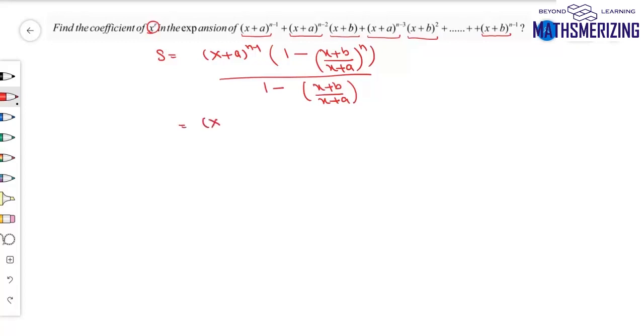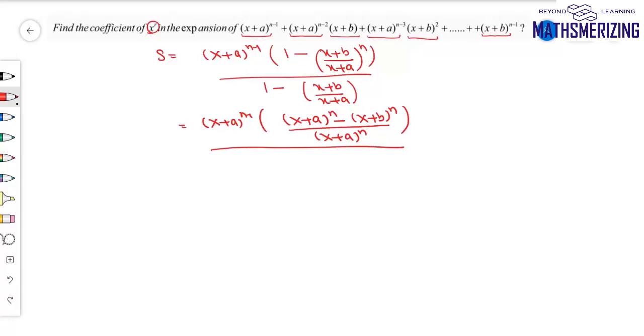Now I can write it as (x + a)^(n-1), and here I'll get [(x + a)^n - (x + b)^n] upon (x + a)^n, and here x and x will cancel, so I'll get (a - b) upon (x + a).